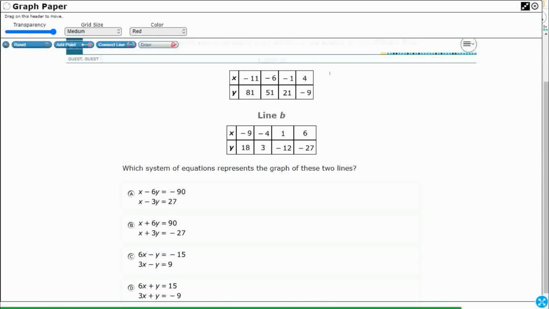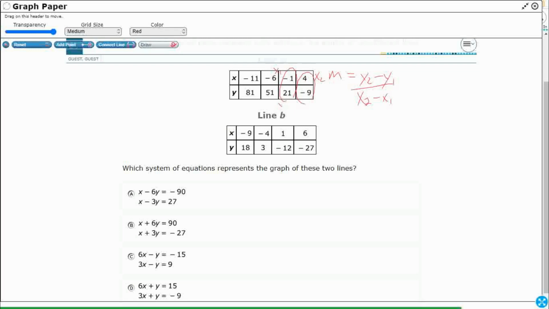Right, so I need my m. Remember, that's my change in y over my change in x. So I'm just going to pick 2 points. Doesn't really matter. Let's just pick these 2 points. I'll make that my x2, my x1.